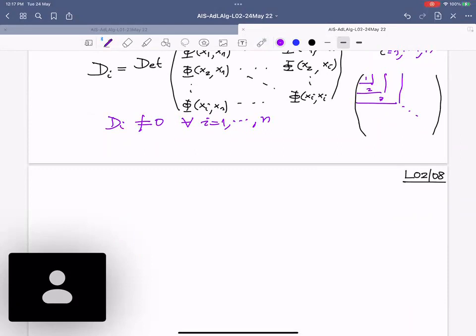It is non-zero. So it is a non-degenerate case. So remember here, in particular, by our assumption, phi is non-degenerate.